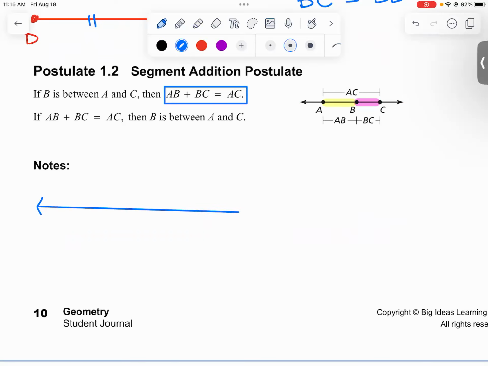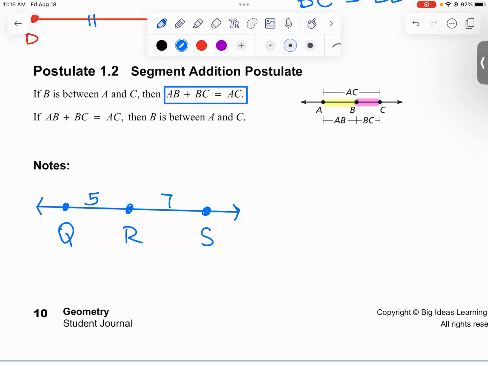We're going to draw a picture down here with Q, R, S. If there are little numbers hovering over a line segment, it's referring to the length of the line segment.